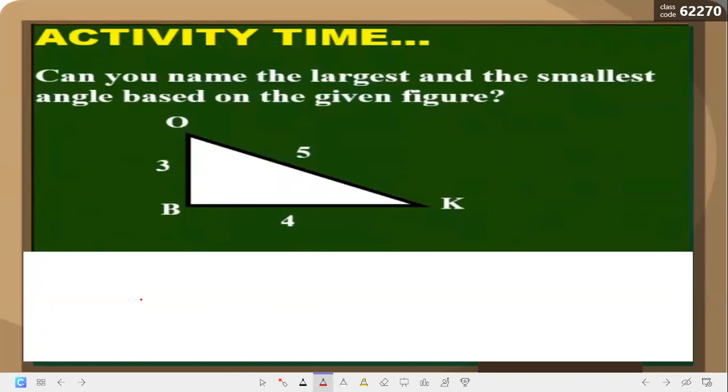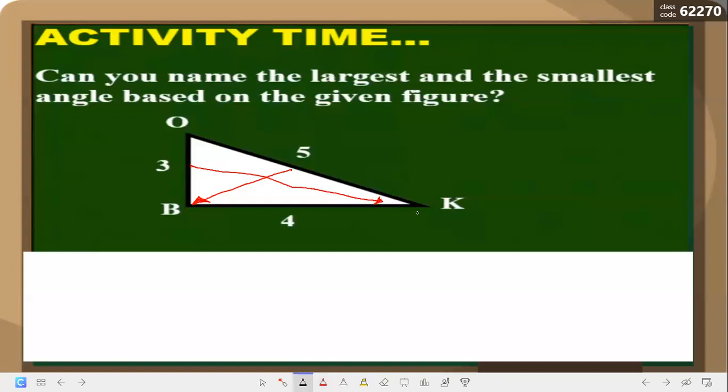So let us have activity time. Can you name the largest and the smallest angle based on the given figure? It's very easy, you just look for the largest and smallest angle. Since this is the longest side, which is 5, its opposite angle is this one. Then this OB, its opposite angle is this one.